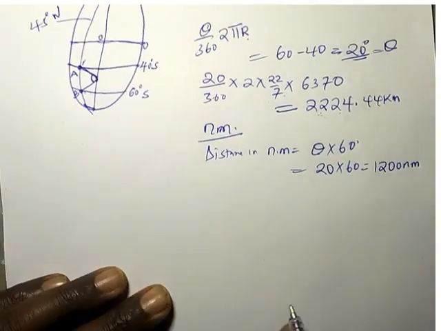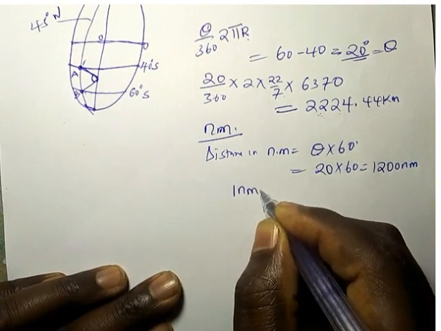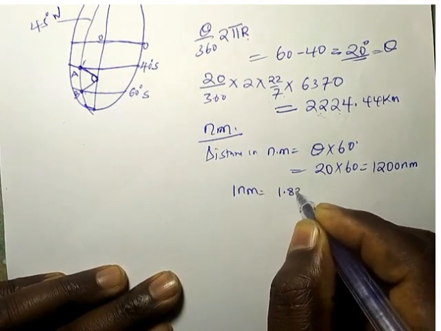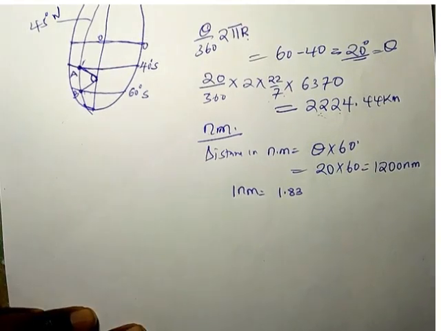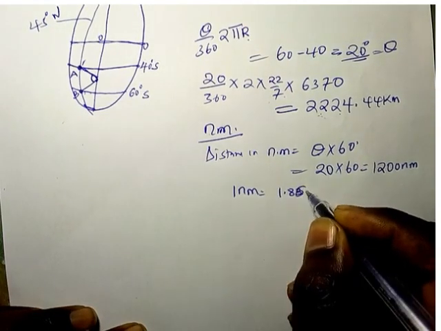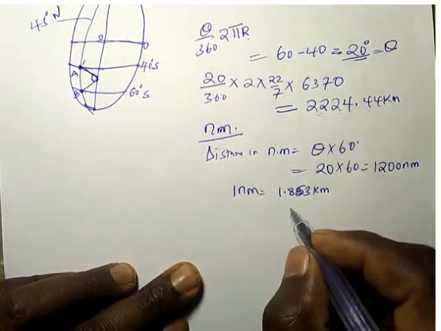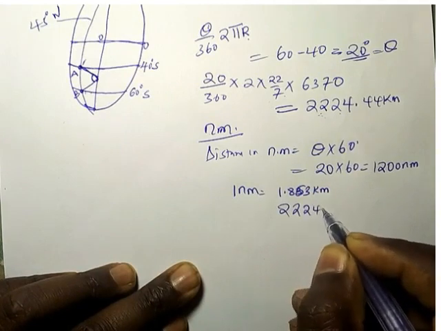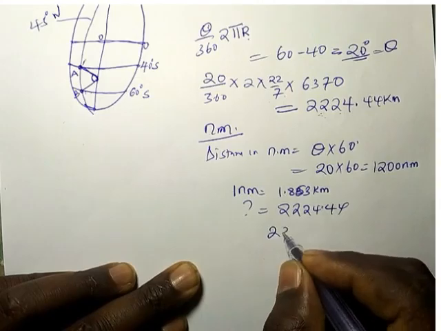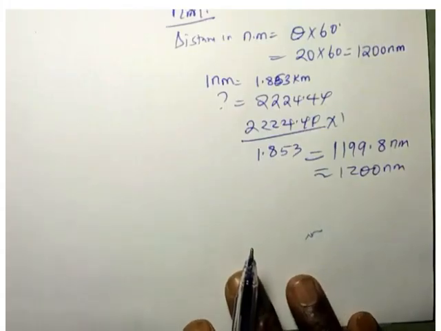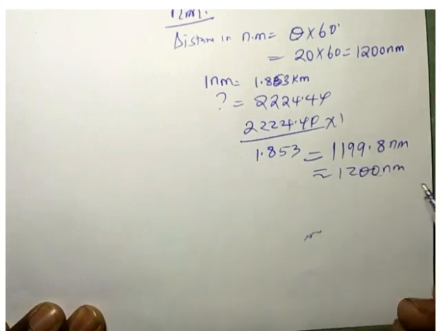You can as well convert: 1 nautical mile is equal to 1.853 kilometers. You can ask how many nautical miles these kilometers are. So you can convert like this, and the answer is 1.1 nautical miles, which is the same as this.